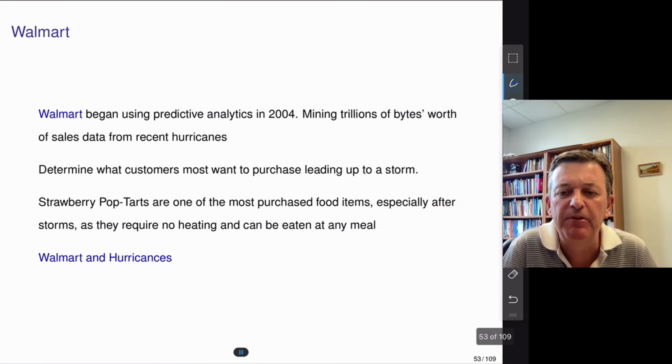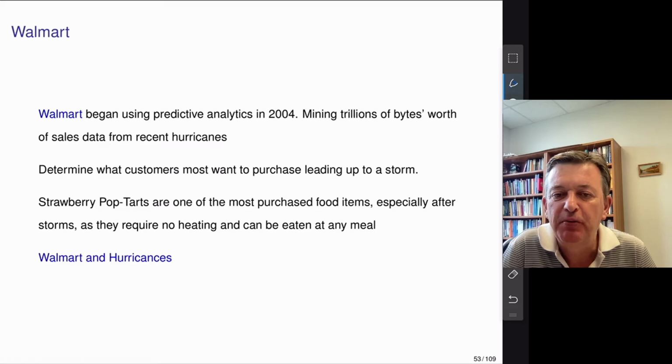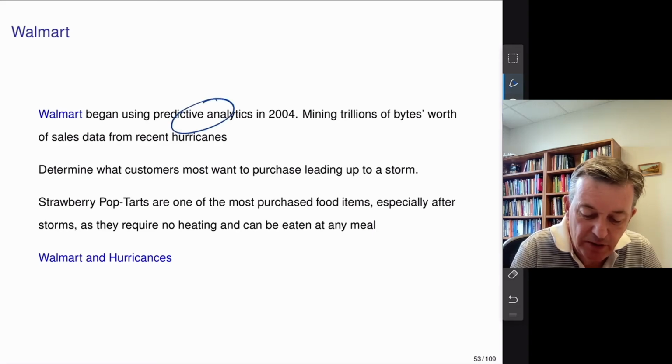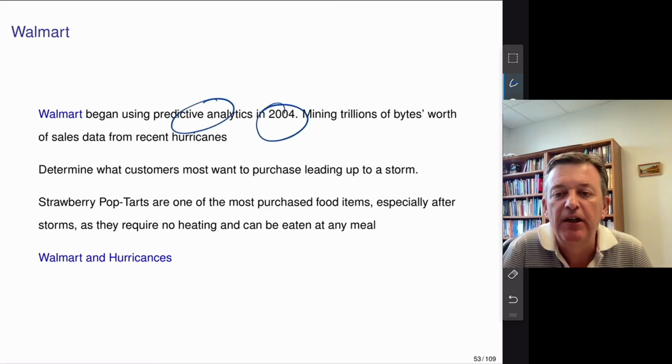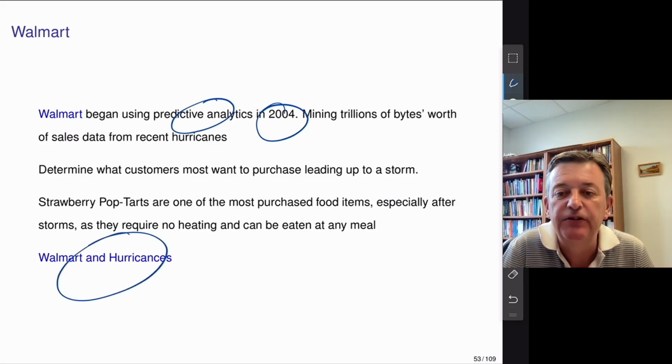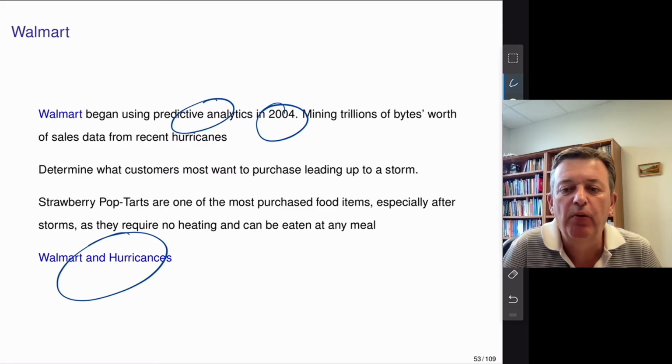Okay, another famous example from maybe 15 years ago. Walmart has a huge analytics operation. One of my ex-students went to work at Walmart Analytics. They began using predictive analytics in 2014, and one of the big findings was that when hurricanes are on the way, people like to buy Pop-Tarts. So how would you stock up knowing that hurricanes are on the way?